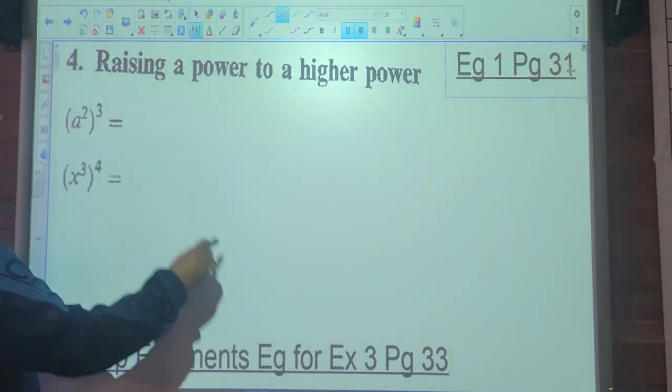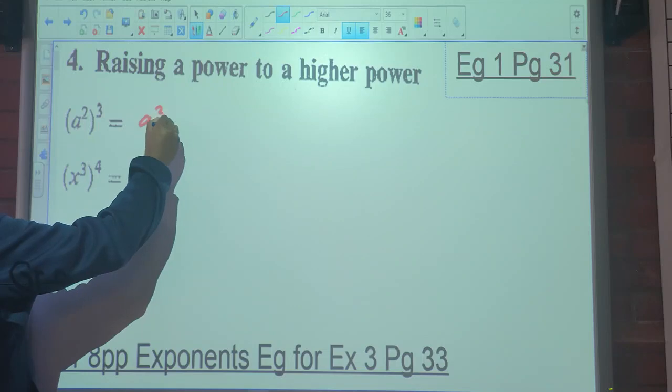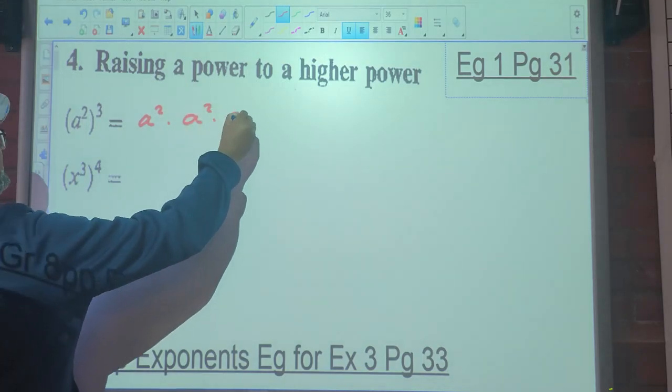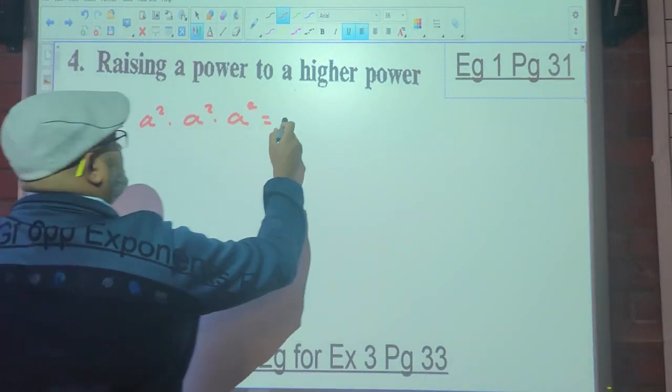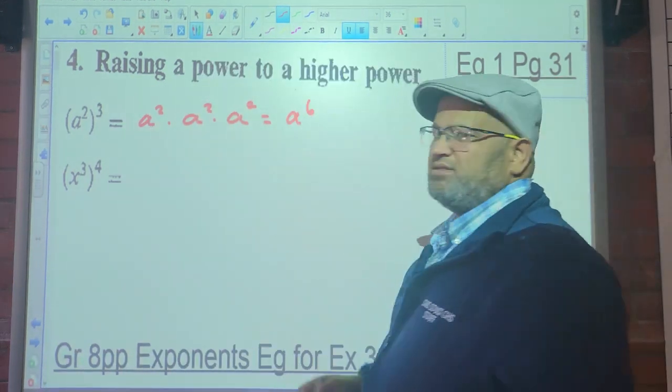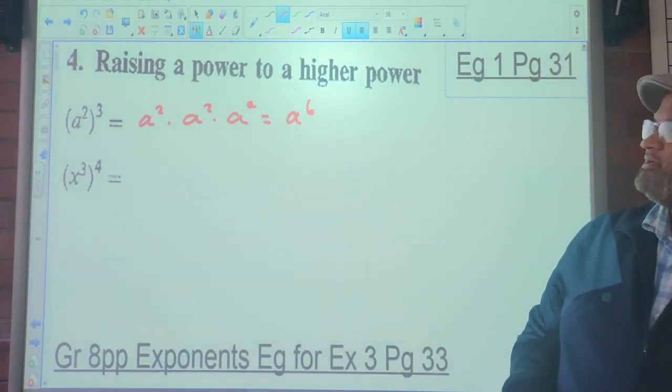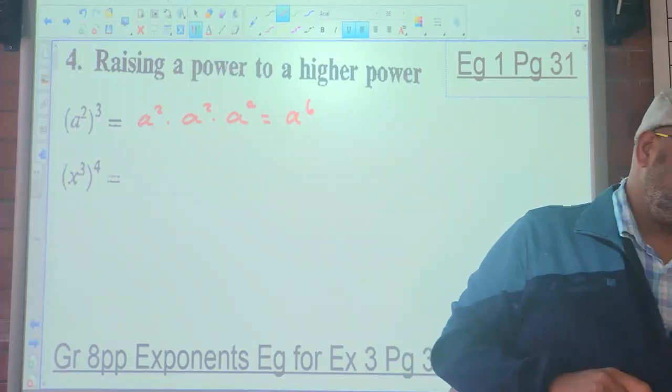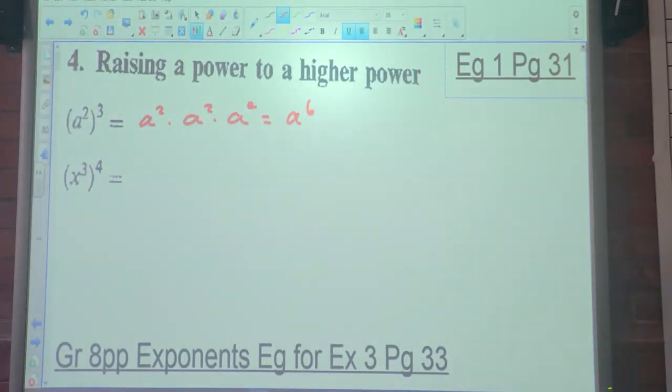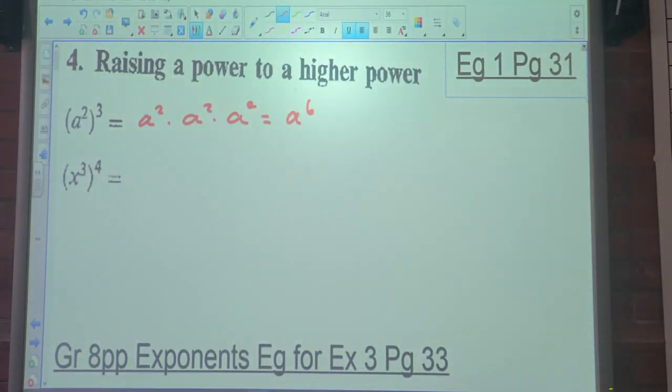It means a squared times a squared times a squared, which is the same as a to the exponent... So you do the next one quickly: a cubed raised to the exponent 4.